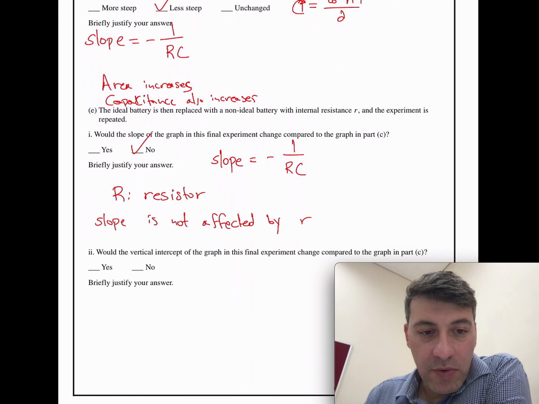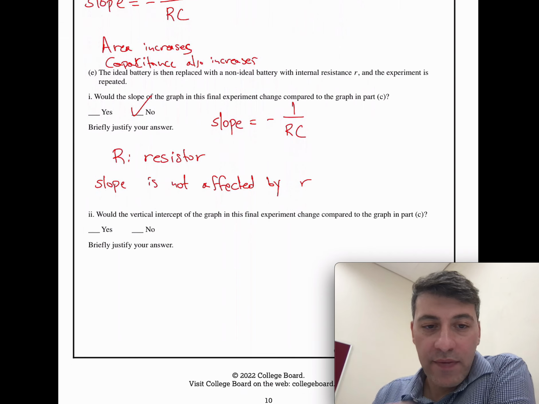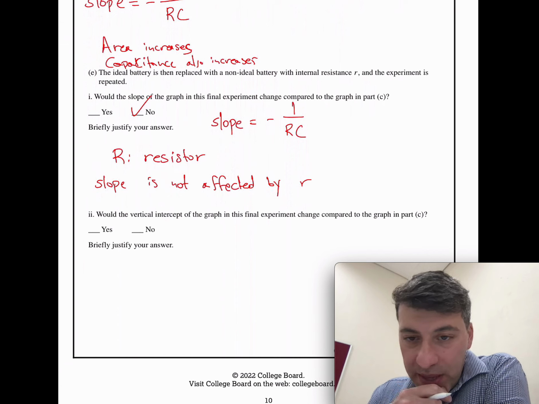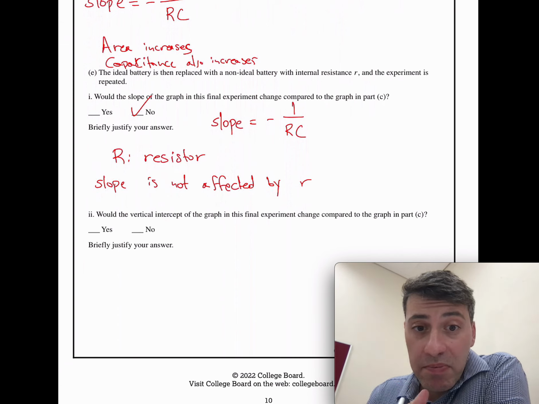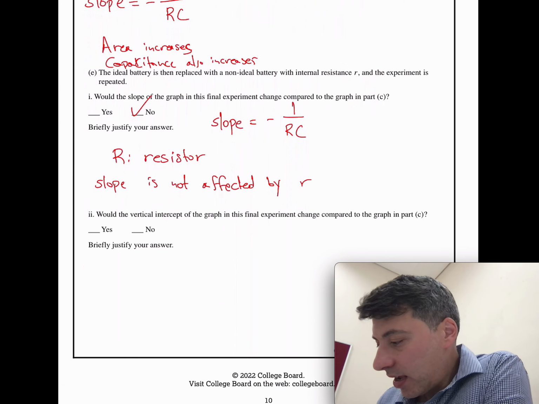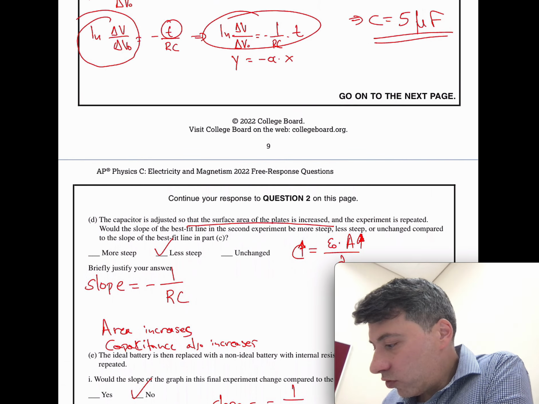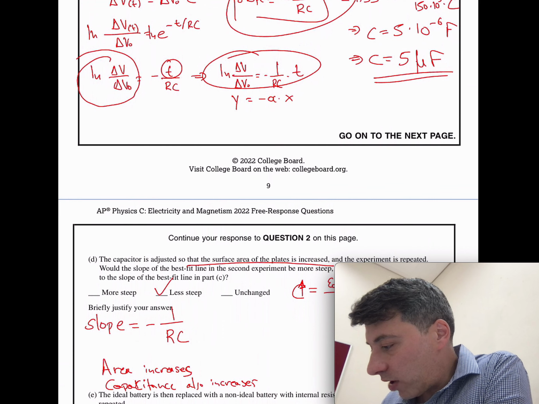And at the same time, what would the vertical intercept of the graph be in this experiment? Again, the graph itself will not be affected at all by the existence of this small resistance R, but in this case we need to mention the full form of the rule, I believe.